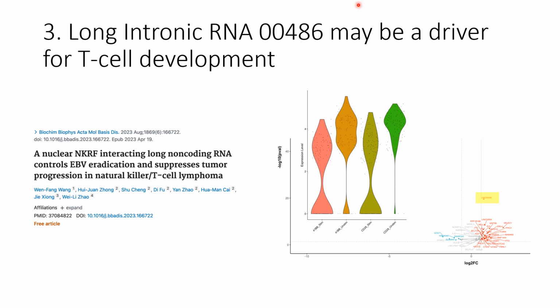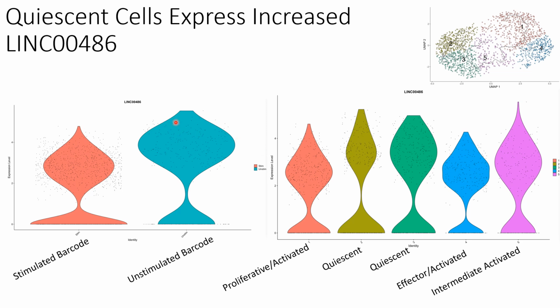And I've referenced this with a paper, the only paper that addresses LINC00486 in T-cell physiology. So in our data set, there's about a 2-fold increase of expression of LINC00486. It's expressed everywhere, but it increases in magnitude when you, for example, divide the data set up by stimulated and unstimulated. And you'll see there's an upregulation over here.